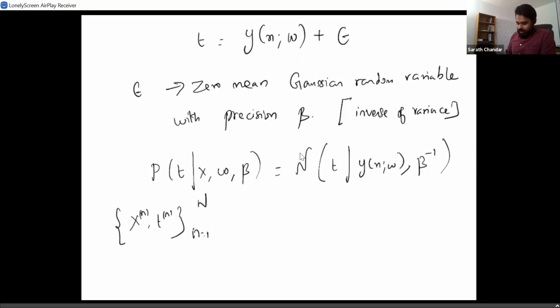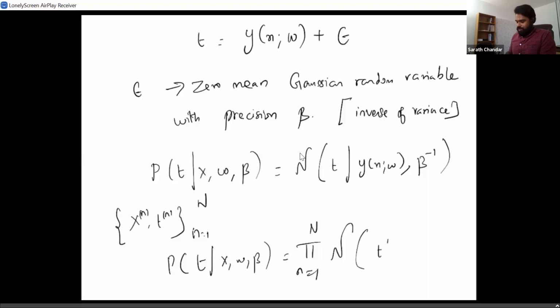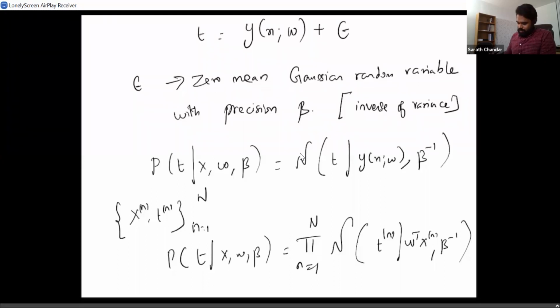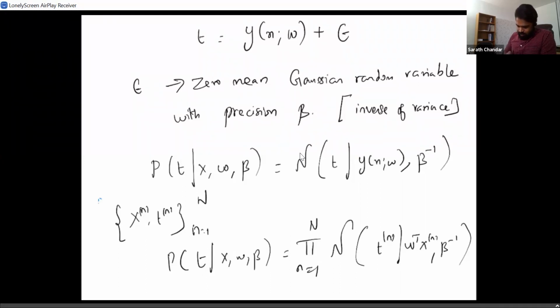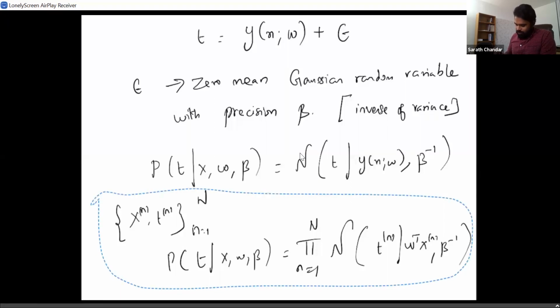Now the probability of t given x, w, beta is given by, there are N examples, so the product of n equal to 1 to capital N, Gaussian, of tn given w transpose xn, which is the y, comma beta inverse. Let me take this to the next page. So this is the likelihood.